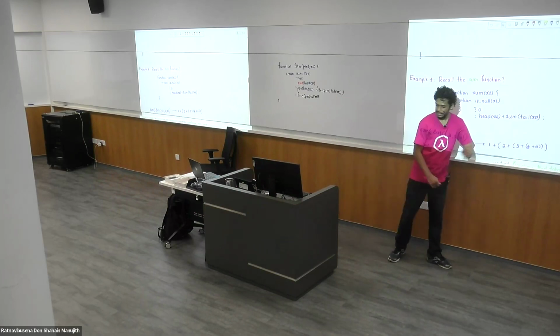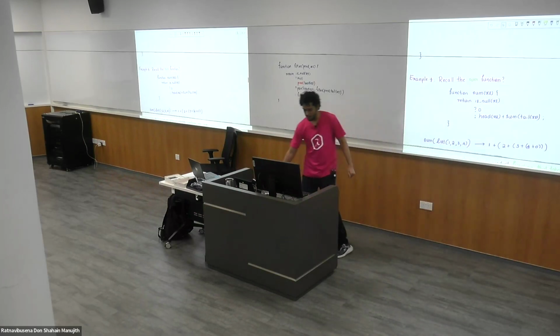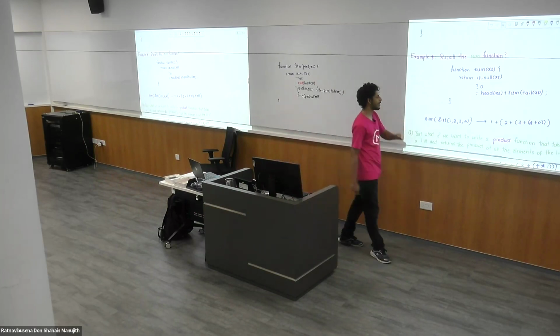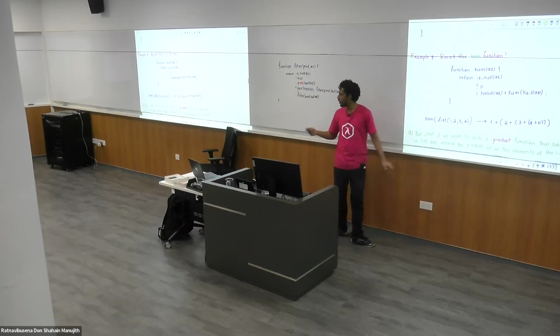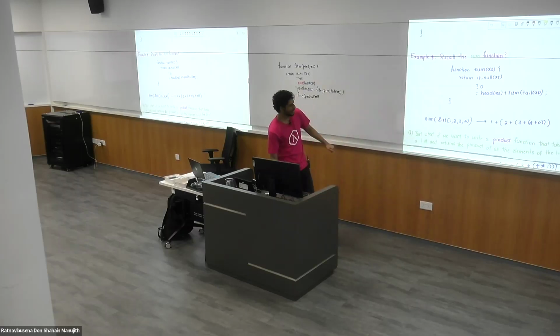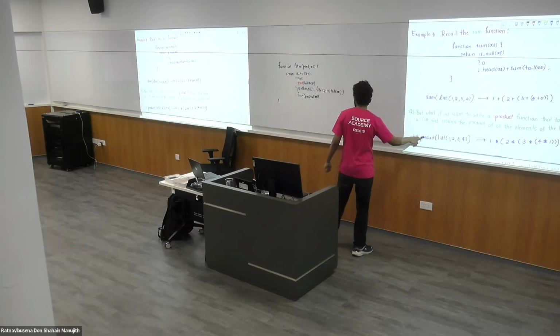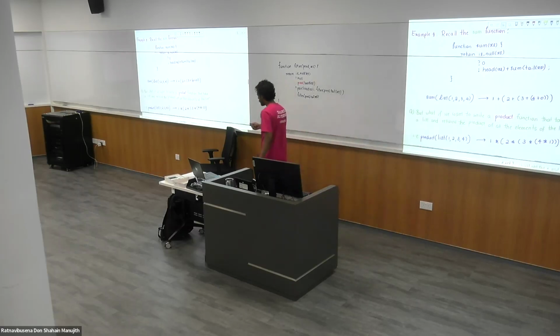Now I'm going to ask you, if I want to write a product function that takes a list and returns the product of all the elements in the list, that means if I have product list 1, 2, 3, 4, I should get 1 times 2 times 3 times 4 times 1.